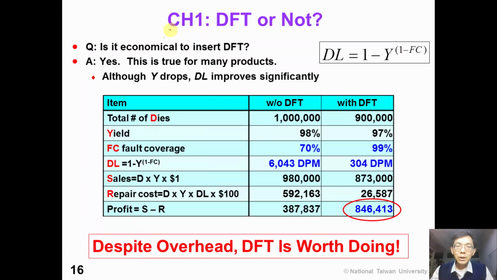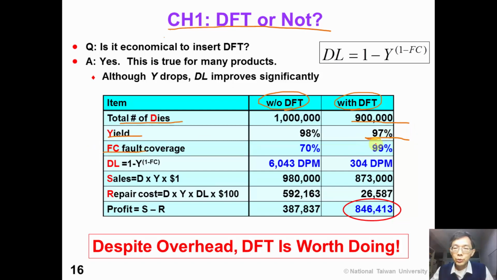If you remember, we asked a question in chapter 1 whether DFT is worth doing or not. We showed this number comparing a design without DFT and with DFT. The total number of dies is smaller with DFT because of the area overhead, and the yield is lower with DFT because the die size is larger.